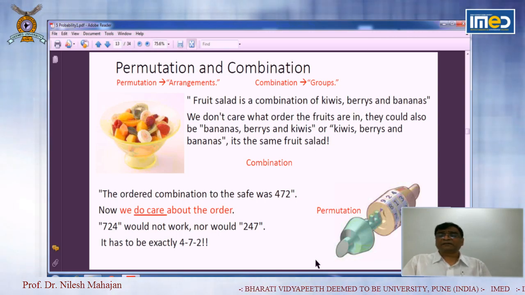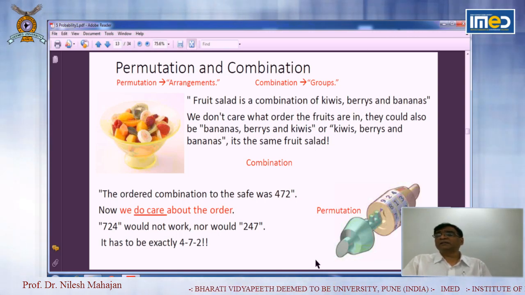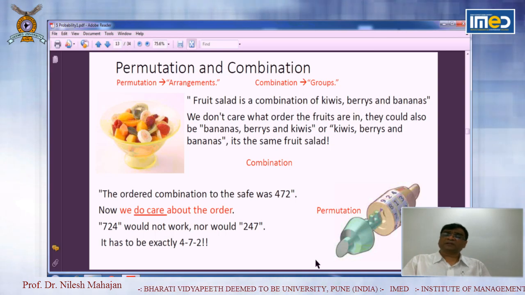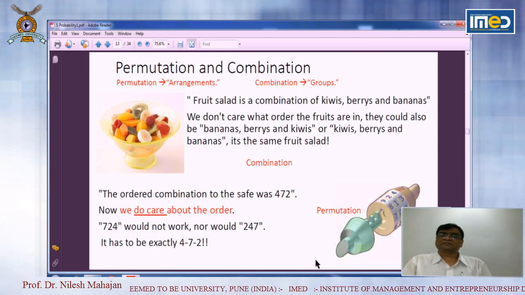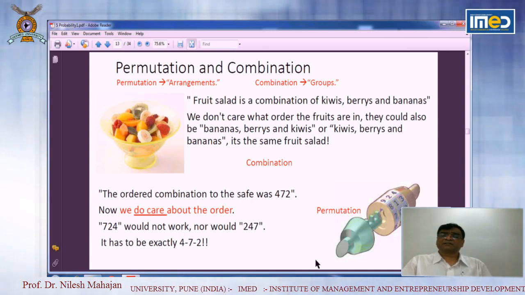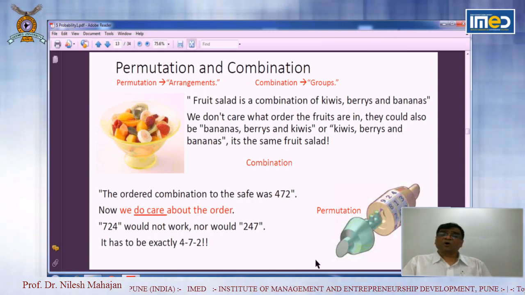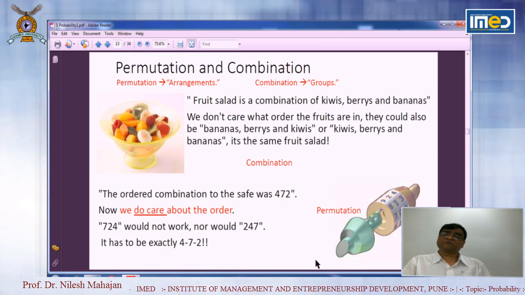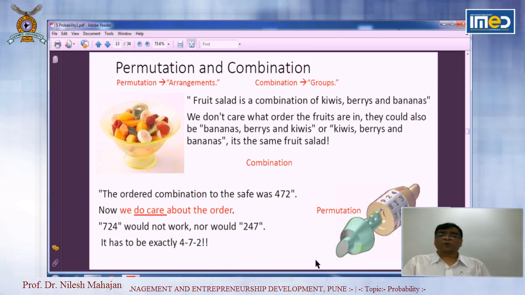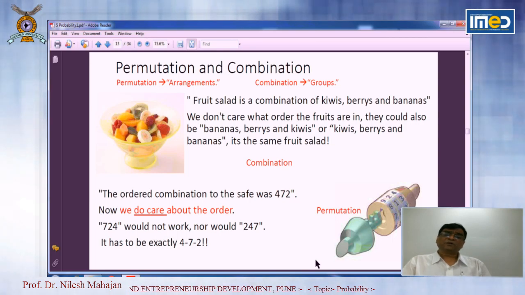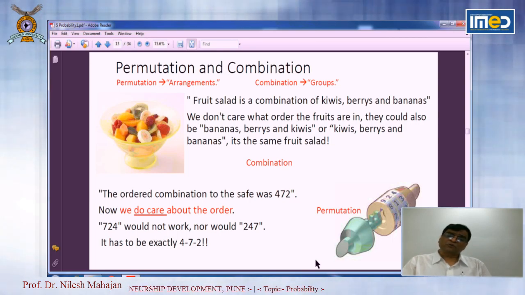We do not care what order the fruits are in. They could also be bananas, berries and peas, or peas, berries and banana, and so on. It is the same fruit salad. But in the permutation case, the order matters: if the combination to the safe was 472, now we do care about the order. 74 would not work, nor would 247.